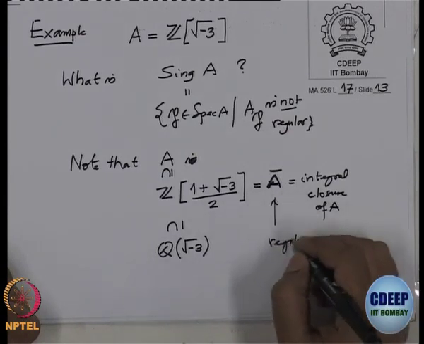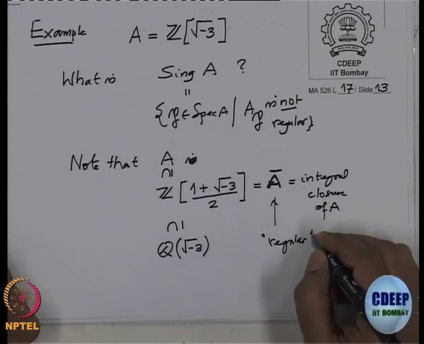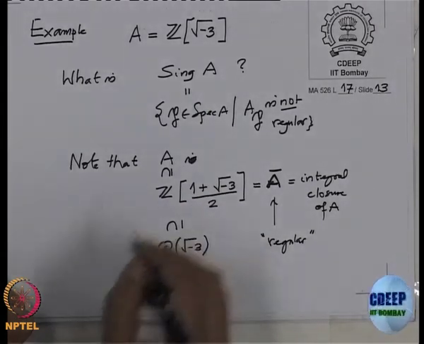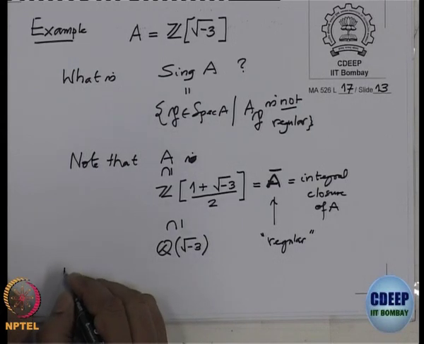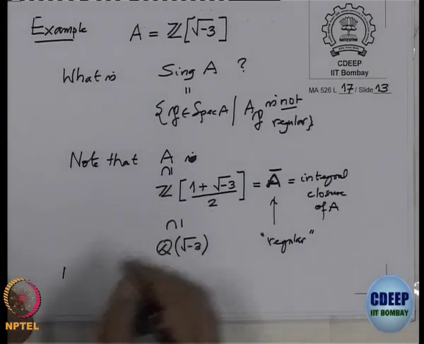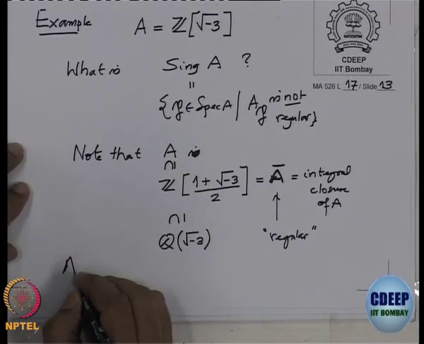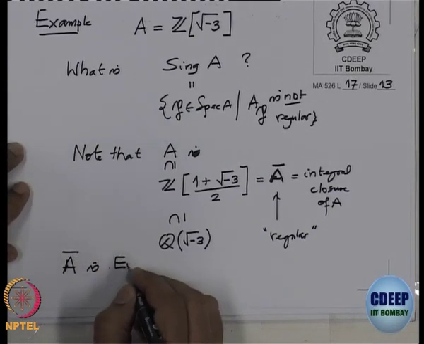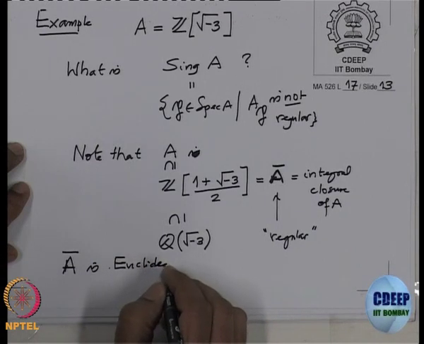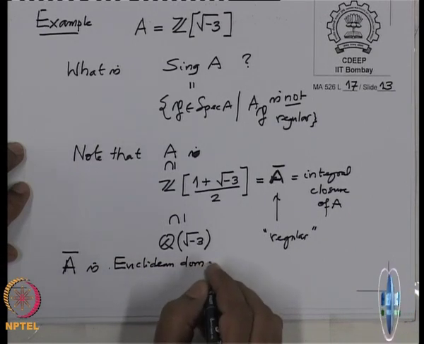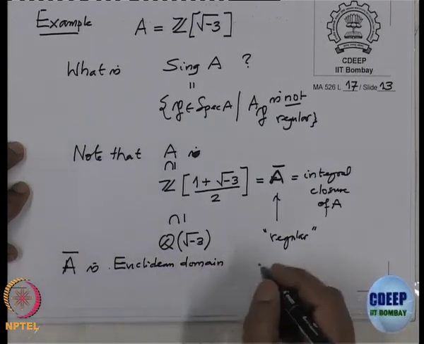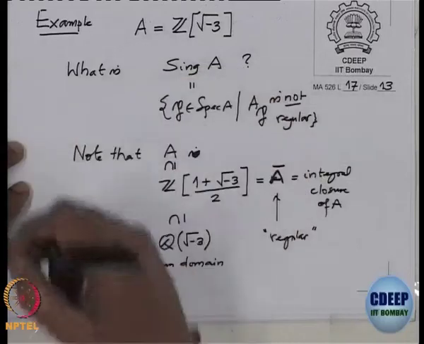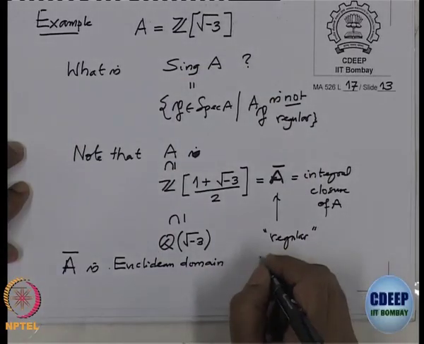It is not local, but what might help you now to decide what is the singular locus of A is note that this A bar is a Euclidean domain. If you use that, and you try to check your prime ideals which are singular, the answer you will get is the following.